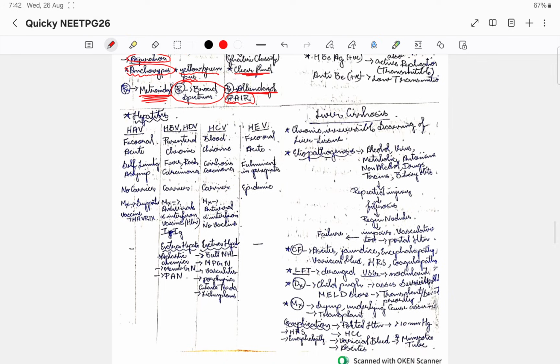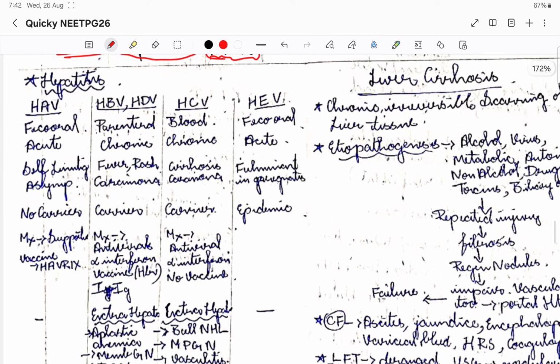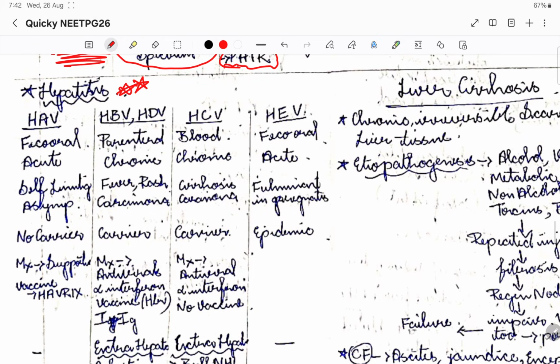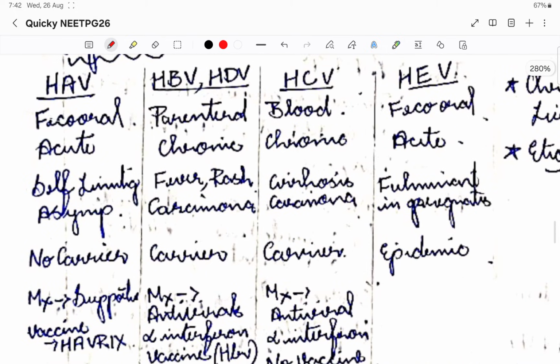Now we'll move on to the specific, that is hepatitis infection. Hepatitis is very important for our entrance exams. There are five main types of hepatitis: A, B, C, D, and E. Hepatitis A and hepatitis E are fecal-oral route, whereas hepatitis B and D are parenteral route, and hepatitis C is blood-borne, by needle prick and all.